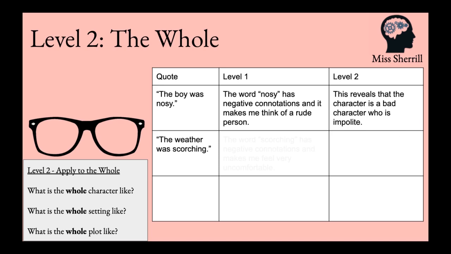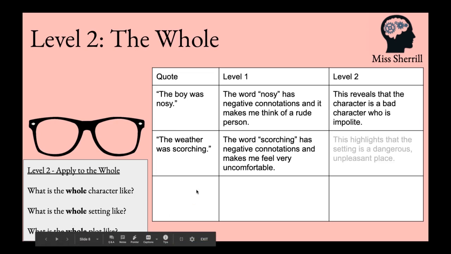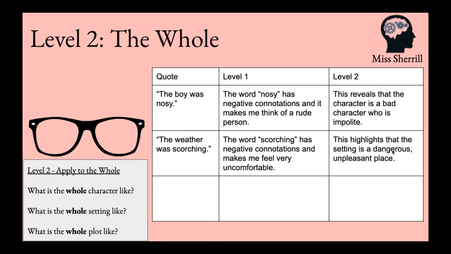If I see this in a story, well, I can take on a level 1 analysis, I can look at the word. I can say the word scorching has negative connotations and it makes me feel very uncomfortable and hot and sweaty. So I can look at the whole setting by saying this highlights that the setting is a dangerous, unpleasant place. So I can look at the whole setting just based on the way it's described with one word.